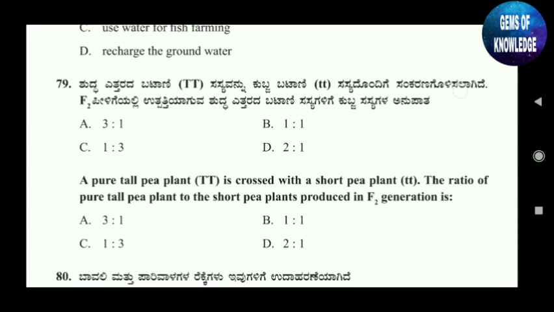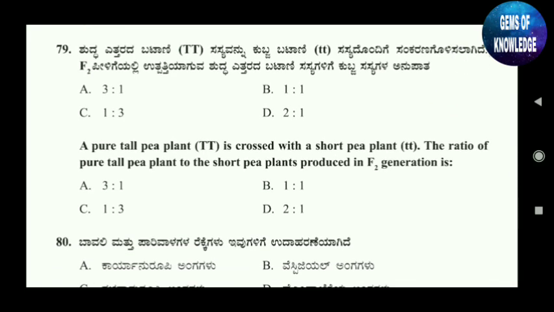Next one, 79th one, a pure tall pea plant TT is crossed with a short pea plant tt. Okay, the ratio of tall pea plant to the short plant produced in F2 generation is. So let us quickly see how this is possible.